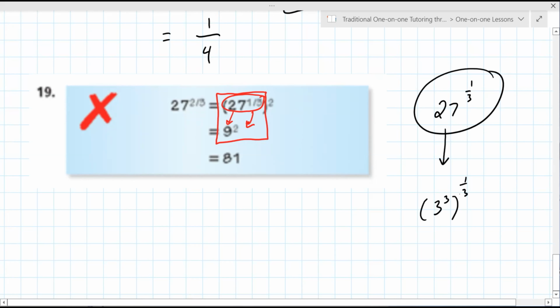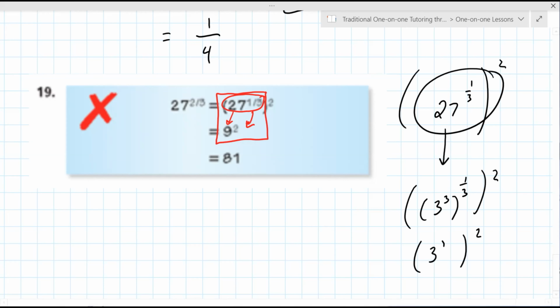Yeah, and then when you have the 1/3 on the outside, when you multiply those exponents, what do you get? 1. So it's really 3 to the 1. And now we can add in that 2 on the outside. Okay, so the issue is that 27 to the 1/3 power is 3, not 9. And somehow you have to convey that in words.